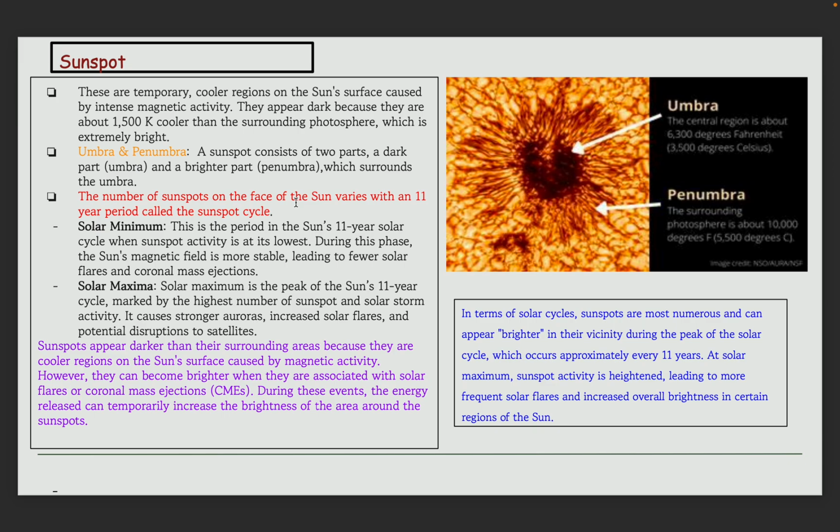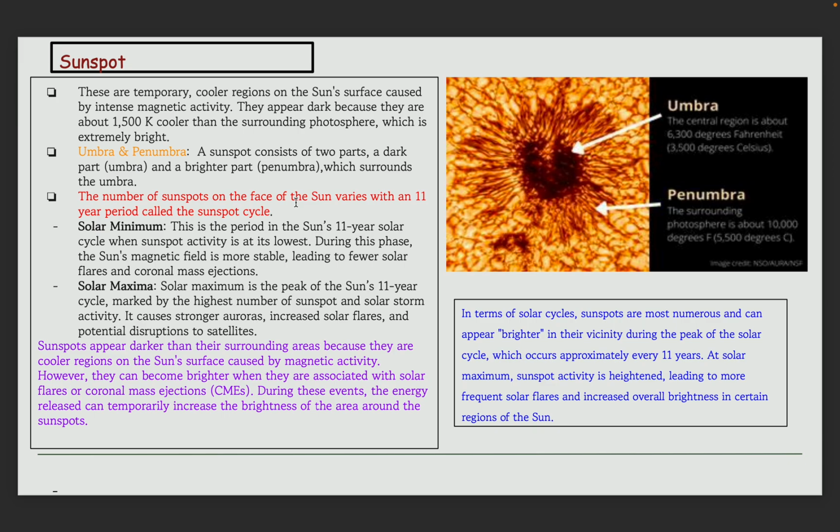It has been seen that solar storm, solar flare, or coronal mass ejection events are largely correlated with the solar minimum and maximum. So when it is solar maximum, you see many sunspots and also stronger auroras, stronger solar flares, and due to those, some potential disruption of satellites also happens.